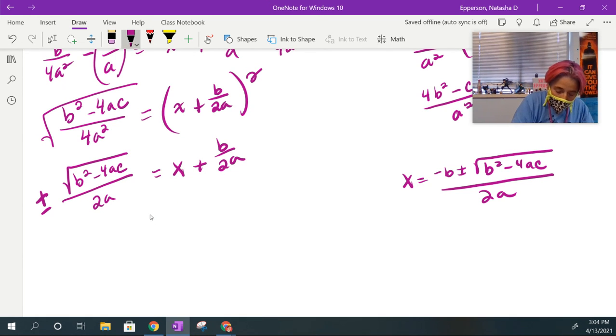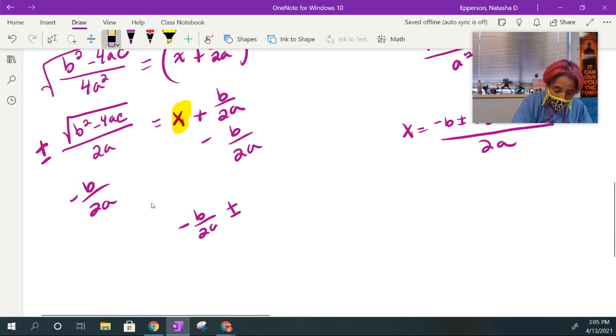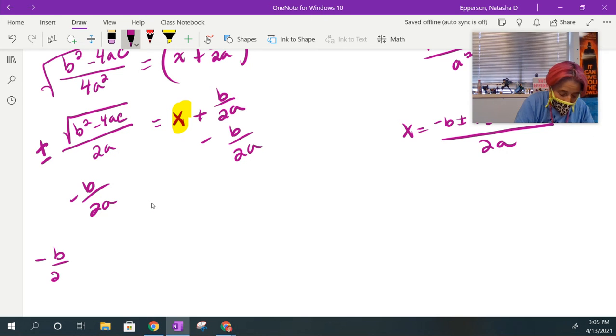We're going to move the b over 2a over. So I'm going to subtract the b over 2a, because we're solving for x. So this becomes negative b over 2a plus or minus the square root of b squared minus 4ac over 2a.